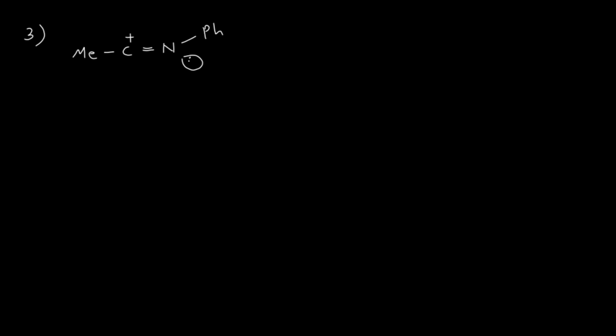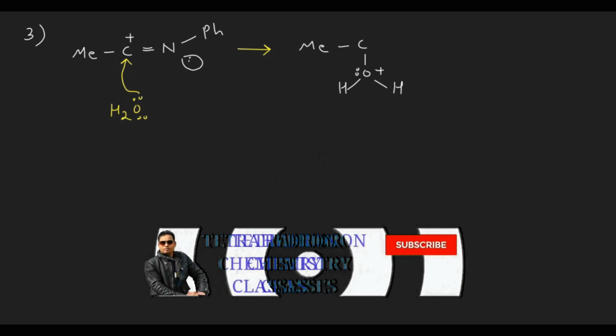So now that water will react. This is your H2O, and this carbon is positively charged, so water will attack on this. When this attacks, you will form this particular species: Me, carbon, then oxygen, hydrogen, and hydrogen here with a positive charge, and one lone pair only, because one of the lone pairs present on the oxygen atom has been used in the formation of the bond with the carbon. That's why it will get the positive charge.